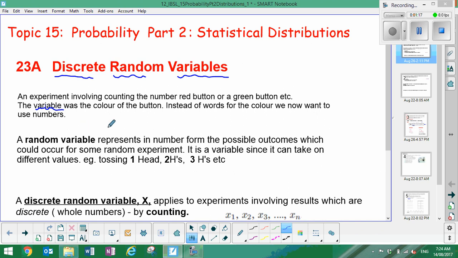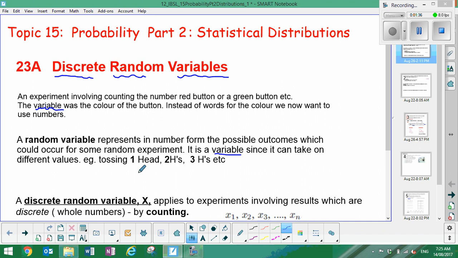So the random variable represents, in this case, the number of possible outcomes which could occur for some random experiment. It's a variable since it can take on different values. So any variable like our x's and y's can take on different values.